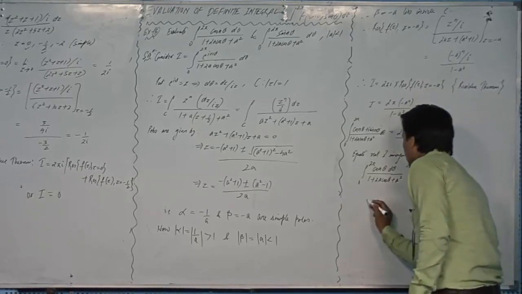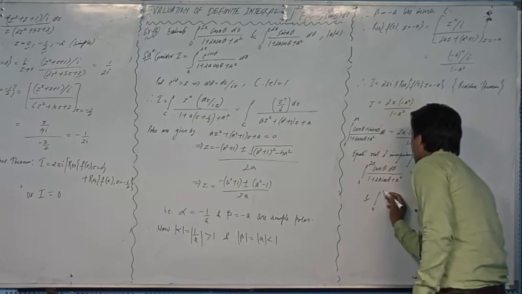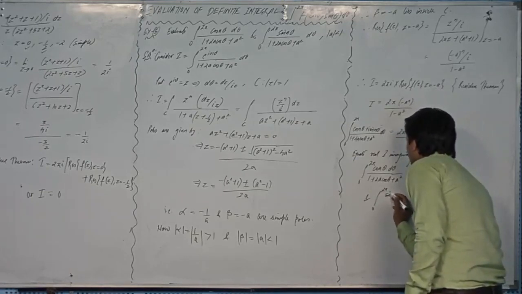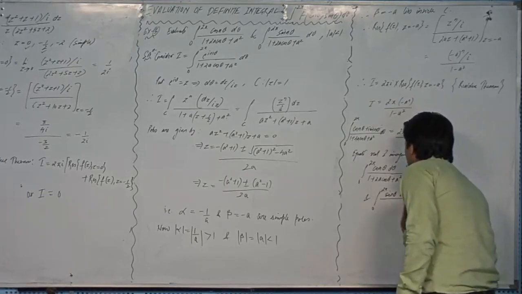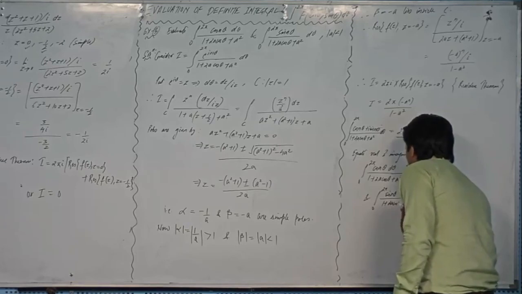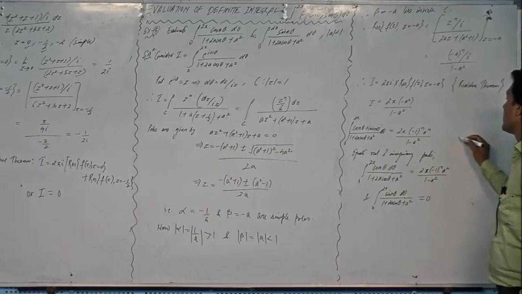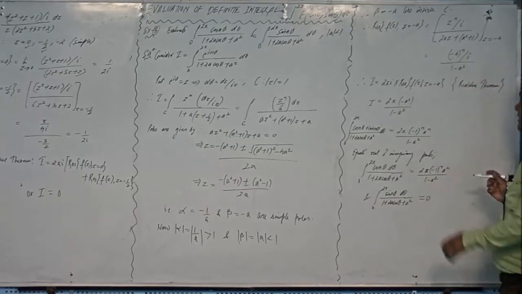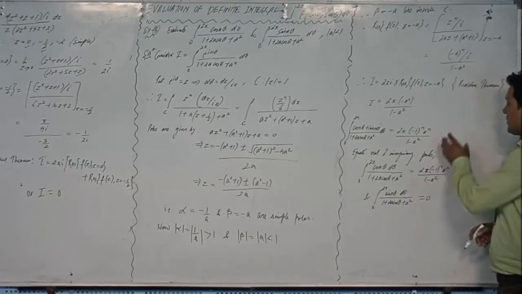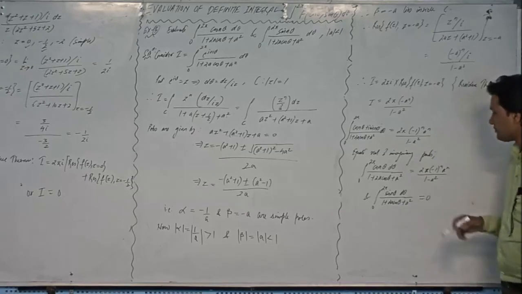And on equating imaginary parts, the integral of sin n theta d theta over 1 plus 2a cos theta plus a square is equal to 0. You can see that the right hand side is containing 0 iota. The imaginary part is 0, so 0 times iota.